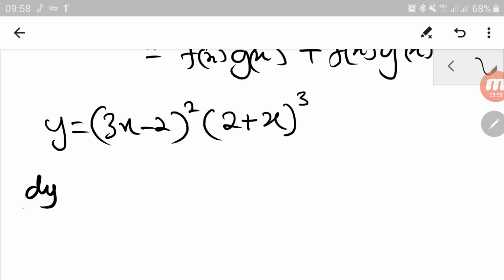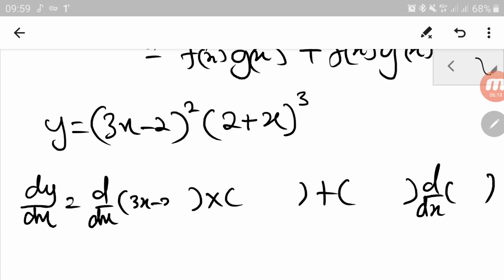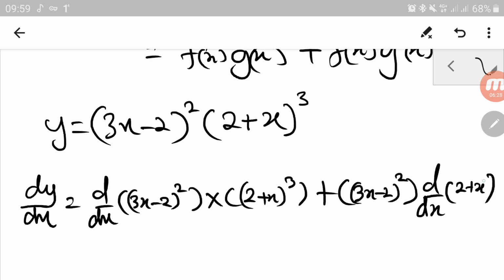Okay, so dy/dx is just the very thing that I just said: multiply with the second one, plus the first one multiplied by the differentiation of the second one. So we just key in the bracket (3x minus 2) squared, (2 plus x) cube, plus (3x minus 2) squared, (2 plus x) cube.